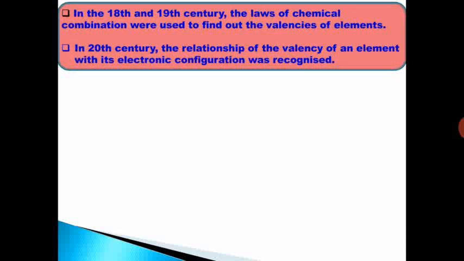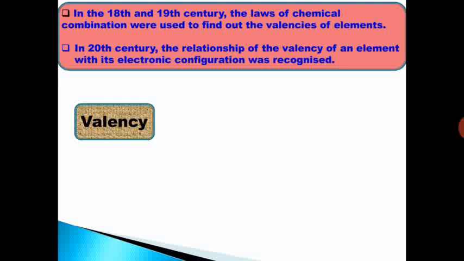Do you know, friends, in the 18th and 19th century, the laws of chemical combination were used to find out the valencies of elements. But nowadays electronic configuration is used. In the 20th century, the relationship of the valency of an element with its electronic configuration was recognized, and the outermost shell electronic configuration is used to find the valency of that particular element.